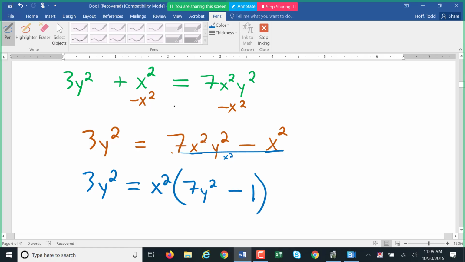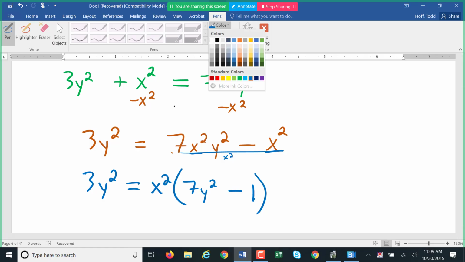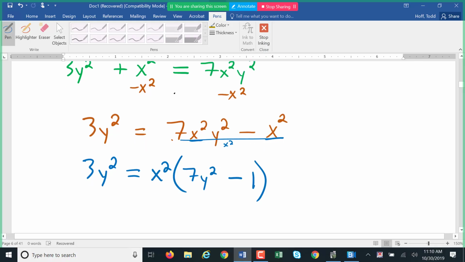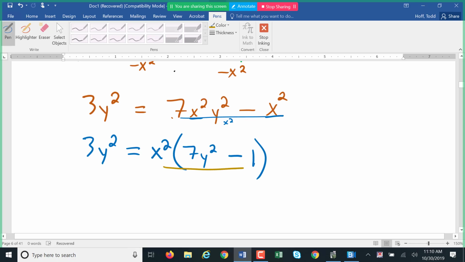That negative X squared divided by X squared is just a negative 1. You might be wondering, how is that simpler? Well, now we can isolate the X squared by dividing by 7Y squared minus 1. That'll cancel that out.